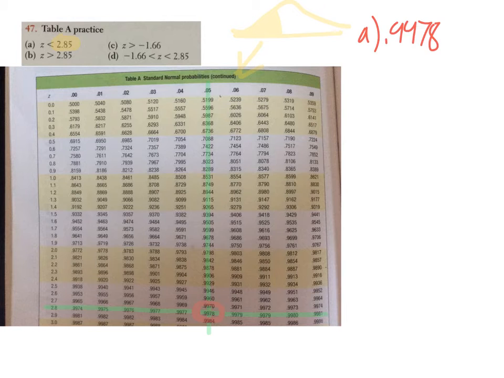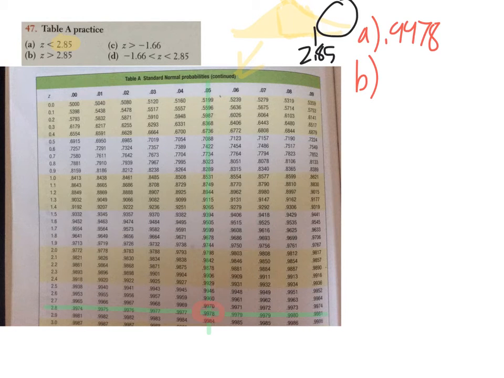0.9978 is the area to the left of 2.85 standard deviations. Now part B is actually asking for the area to the right. Wouldn't it stand to reason that this is probably where I'm looking? Pictures are helpful. Let's say that this is about 2.85 standard deviations away from the mean, and all that area to the left is 0.9978.